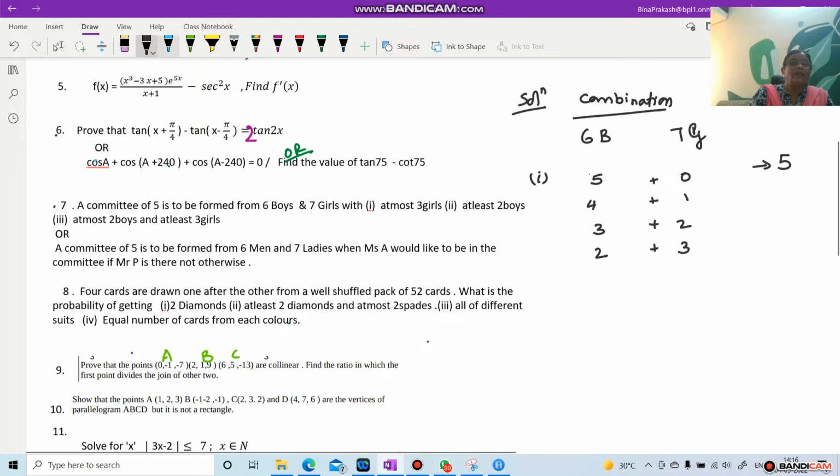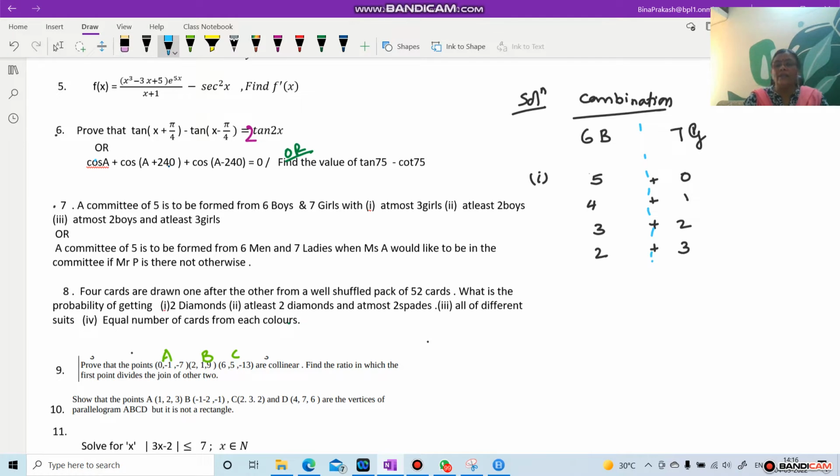So how many ways can they be selected? I've divided into 2 groups, boys and girls. Let me explain it here. The total number I'll write here.